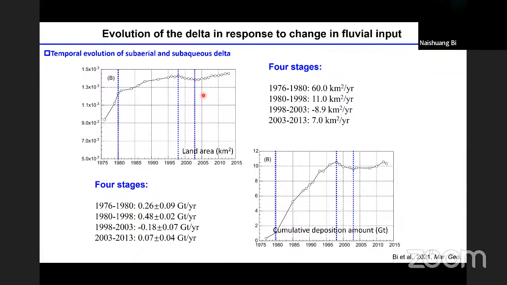So both the first 2 stages are progradation. Then the delta transformed to erosion after 1998, both in subaerial and subaqueous delta. And then it shifted to deposition again after 2003. This is the temporal variation.